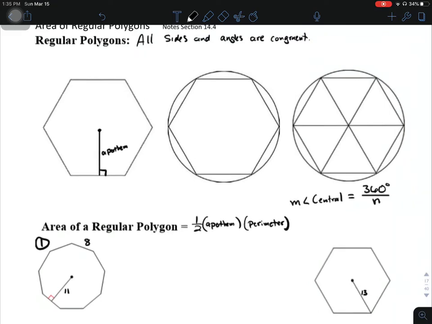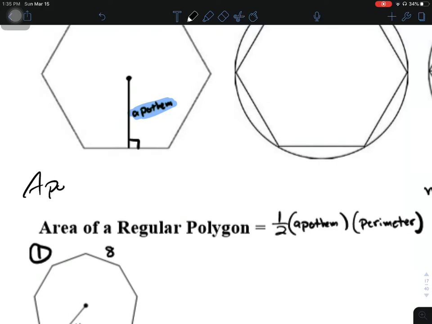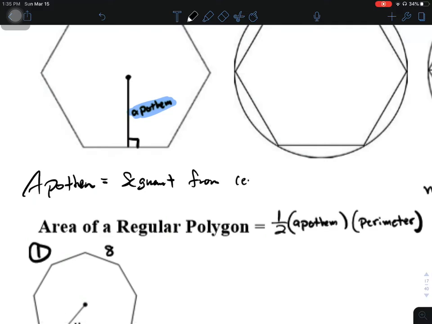It's new, and that's called an apothem. That's not me mispronouncing it. It's called an apothem. An apothem is a segment that goes from the center of a regular polygon to a side, forming a perpendicular.